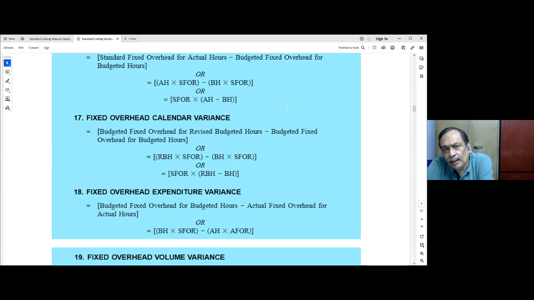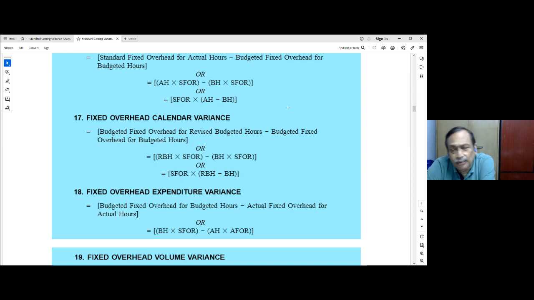Then fixed overhead calendar variance. Remember, calendar variance will come into the picture where you are supposed to work for 26 days in a month, but you have worked 25 days, or you are required to work 25 days, but you have worked 26 days.